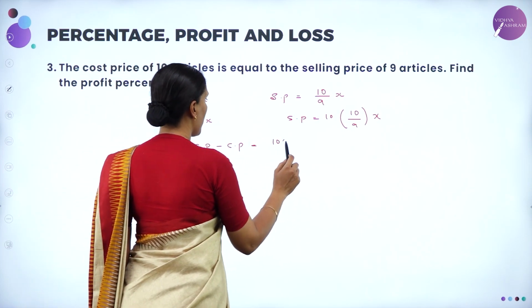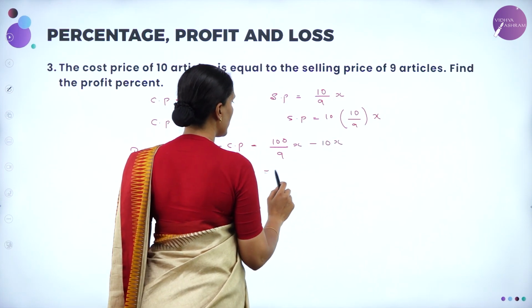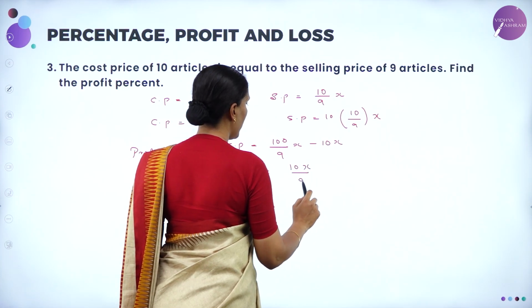That is 100 by 9 X minus 10x, which is equal to 100x minus 90x by 9, which is 10x by 9.